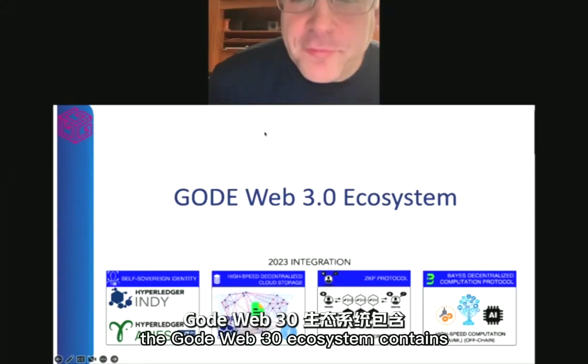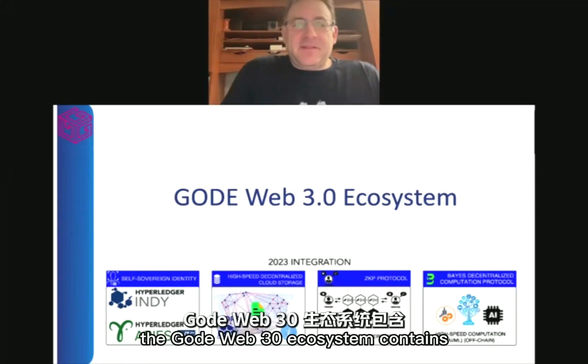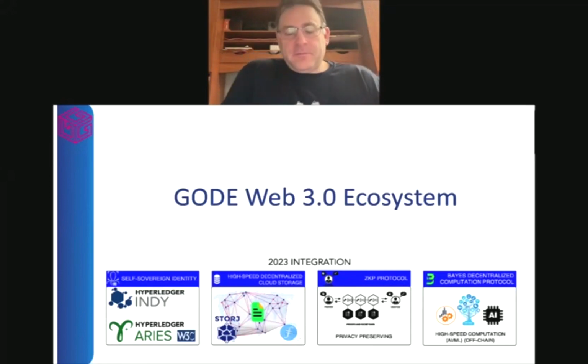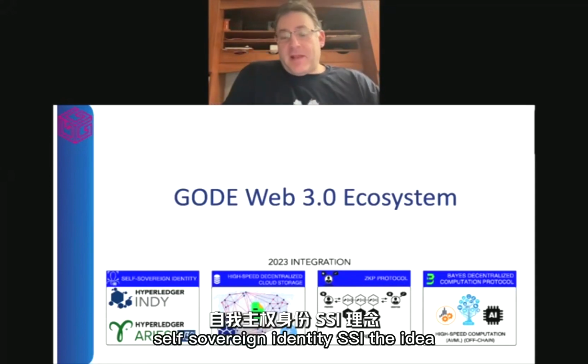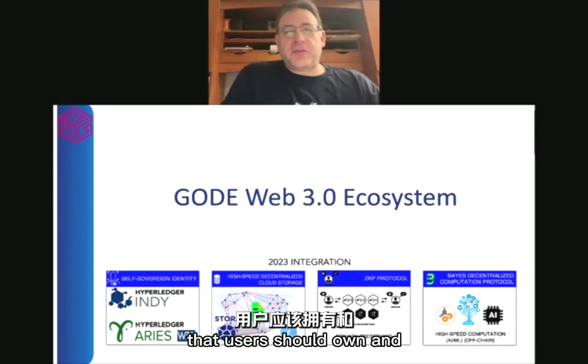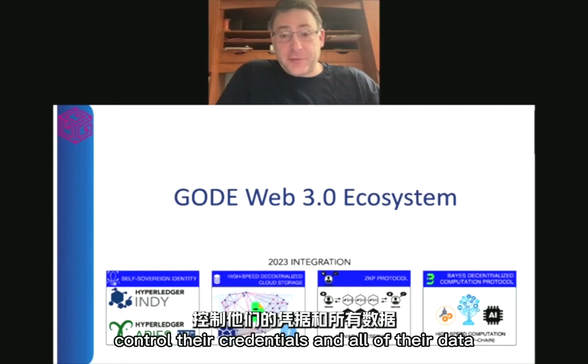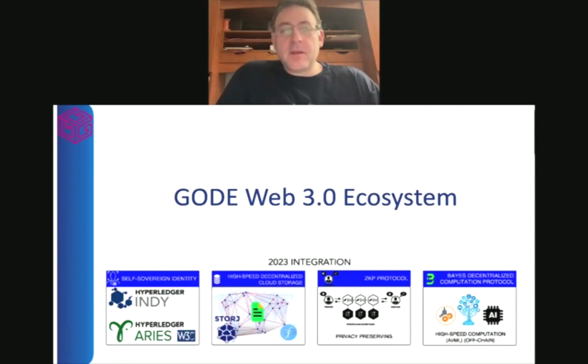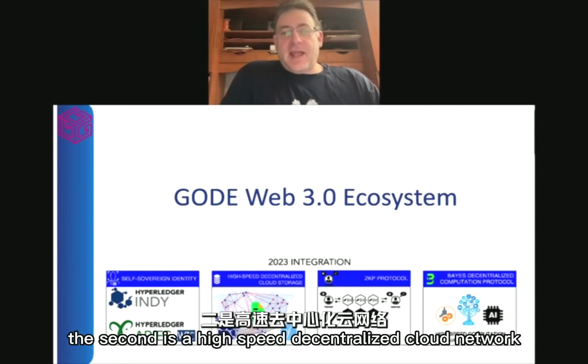The GODE Web 3.0 ecosystem contains 4 components. Self-sovereign identity, SSI, the idea that users should own and control their credentials and all of their data. The second is a high-speed decentralized cloud network.